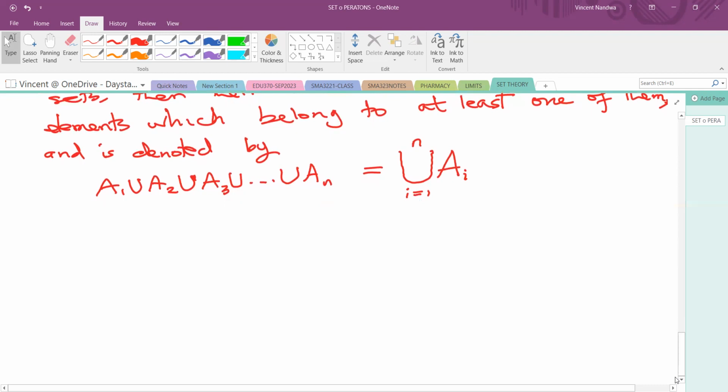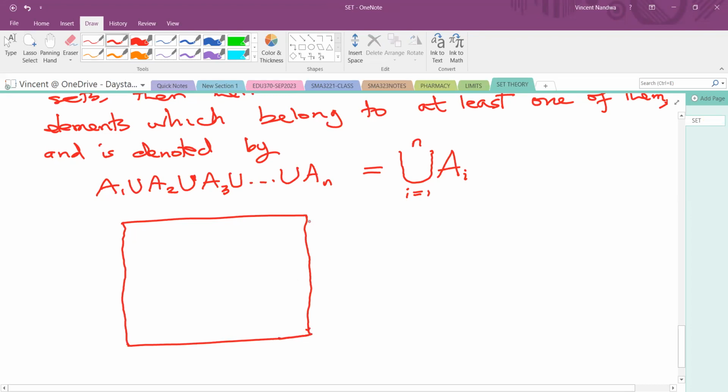To have a better feeling of what the union of sets is, we can draw a Venn diagram. So this is our universal set.